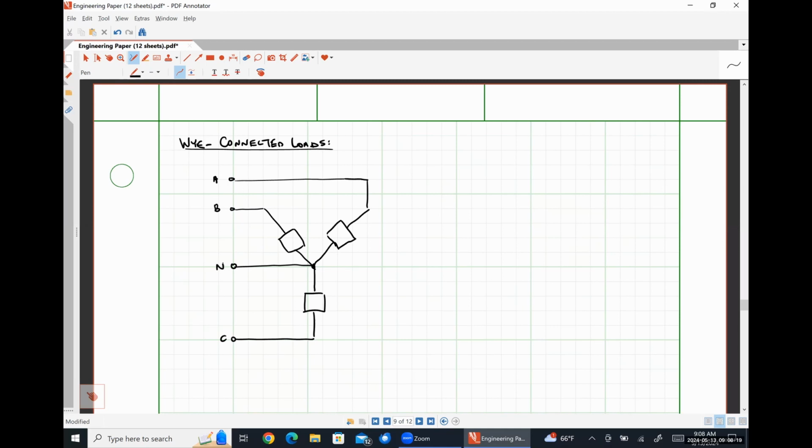It is once again an optional quantity. I'm going to call this impedance ZYA. So this is the A phase of a Y connected impedance. Here's ZYB, and here is ZYC, like so.